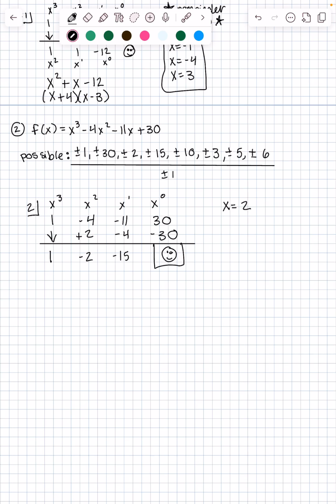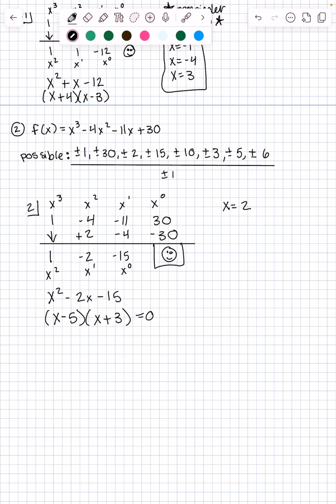Now I turn this into a quadratic. So we start with x to the 0, work our way up. And this becomes x squared minus 2x minus 15. And then I can factor this. So to factor this, it would be x minus 5 times x plus 3. And then I get 2 other solutions for x from that.